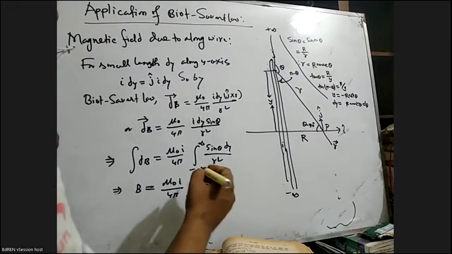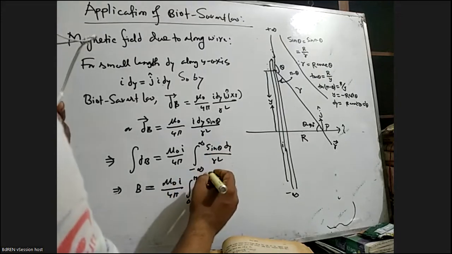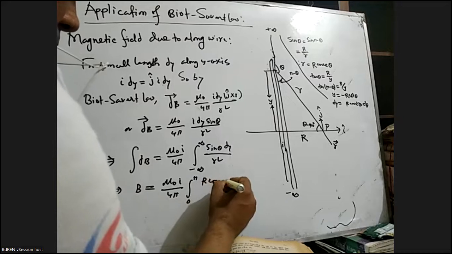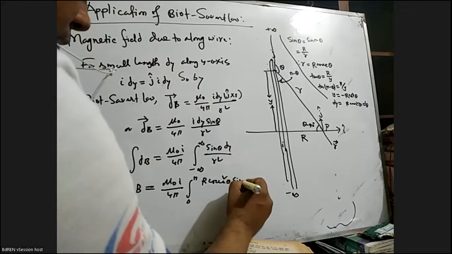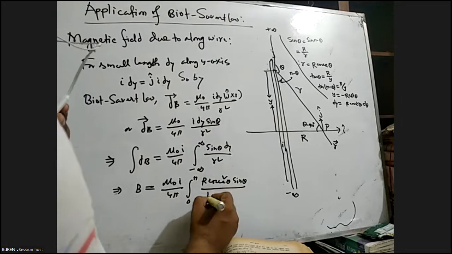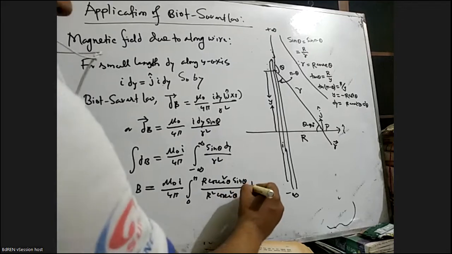This is why we get sin theta, and dy equals r cosec square theta. R square means R square cosec square theta d theta.